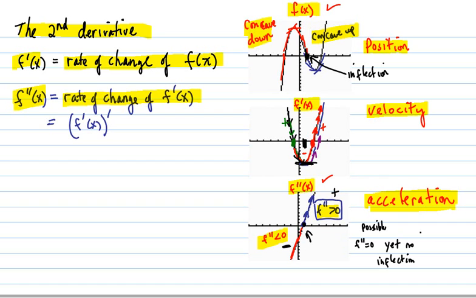If the f double prime curve just touches a point, is 0, but then comes back down, you will not have an inflection point there. So when you're looking for inflection points, you're definitely looking for a place where f double prime is 0, but that the sign changes from negative to positive or positive to negative.